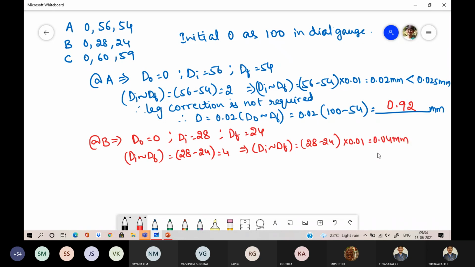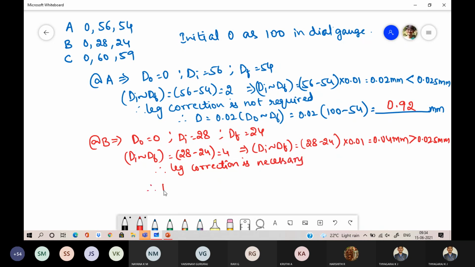Should we have to apply lag correction at point B? Yes, sir. Yes, since it is greater than 0.025 mm, we have to apply lag correction. Therefore, lag correction is necessary.